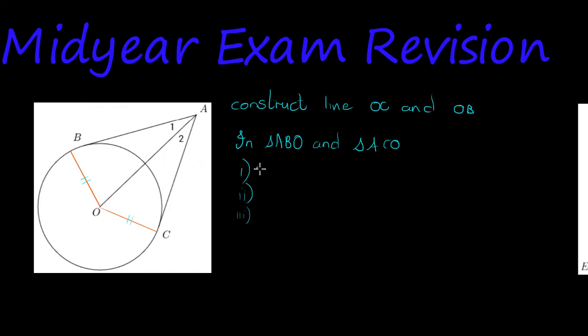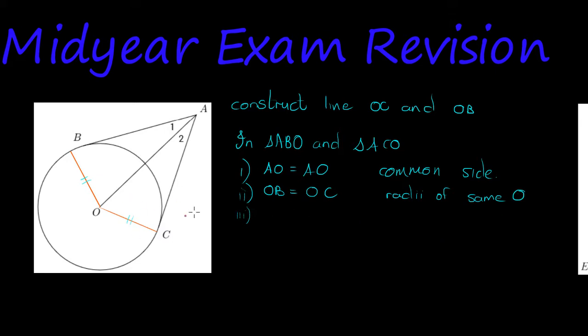So first of all, I can just say, well, AO is equal to AO. That's the common side. Secondly, I can say OB is equal to OC, and they are radii of the same circle.